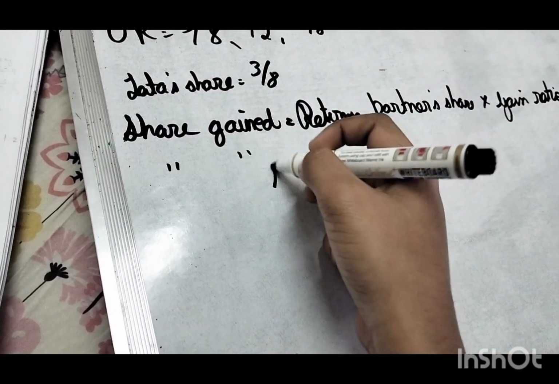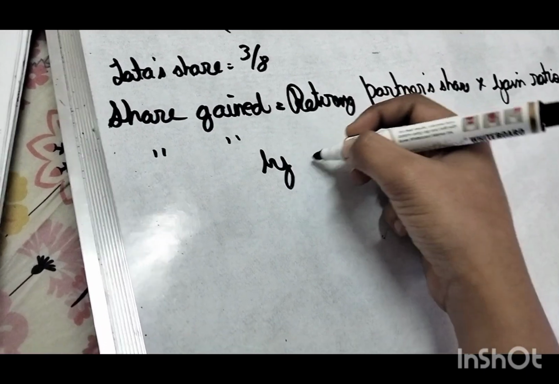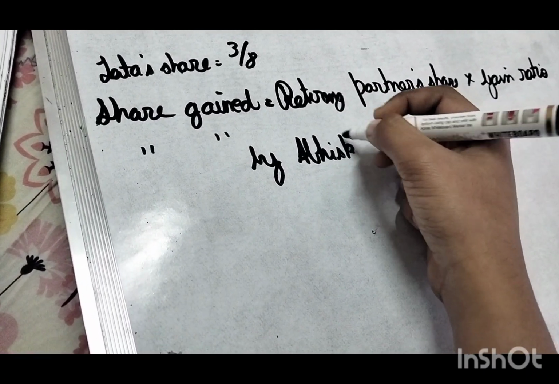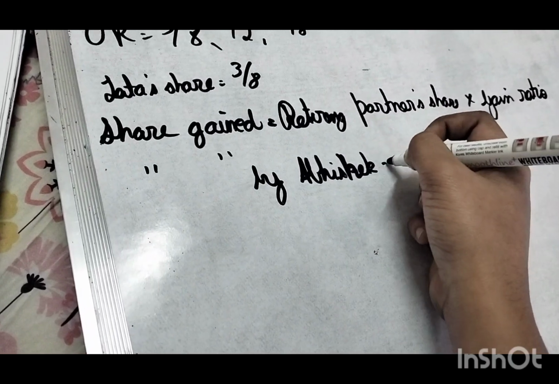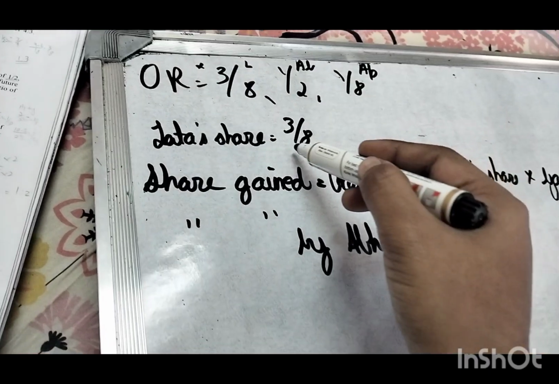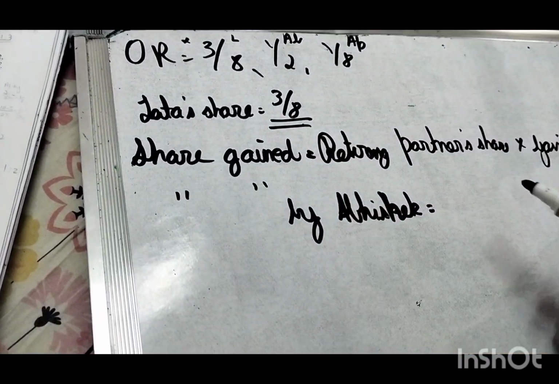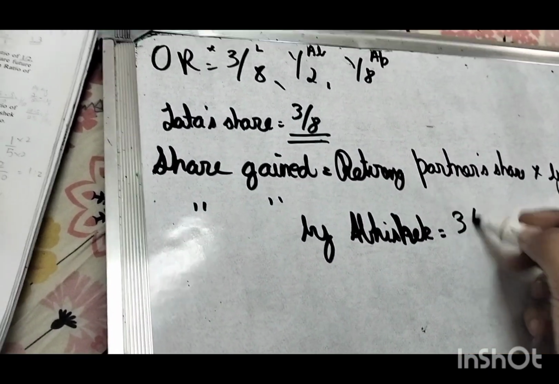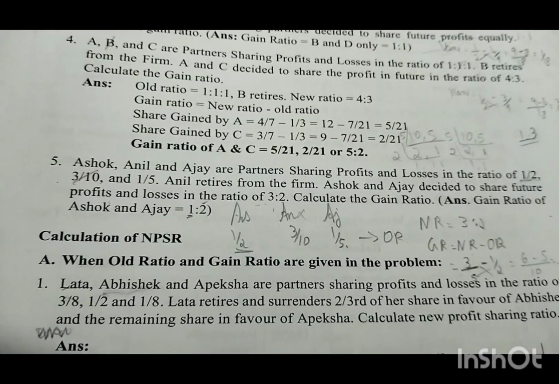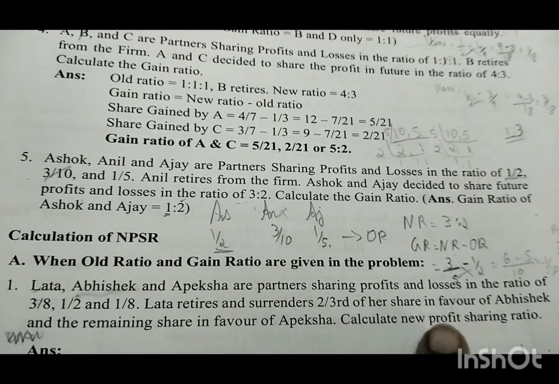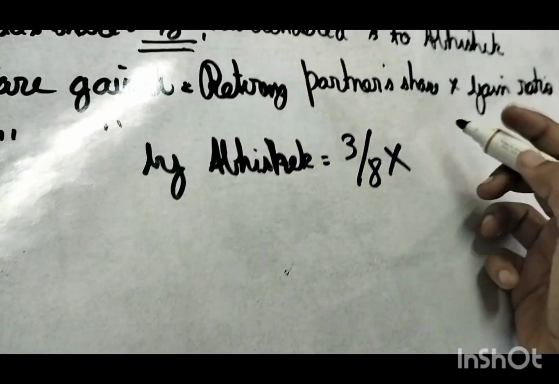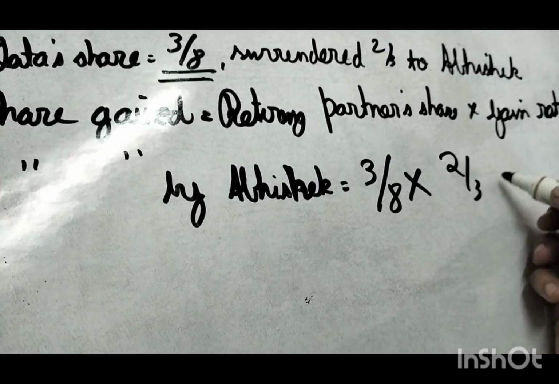Next you write share gained by Abhishek. Lata is retiring and her share is 3/8. Lata surrenders 2/3 of her share in favor of Abhishek, so it's going to be 3/8 into 2/3.